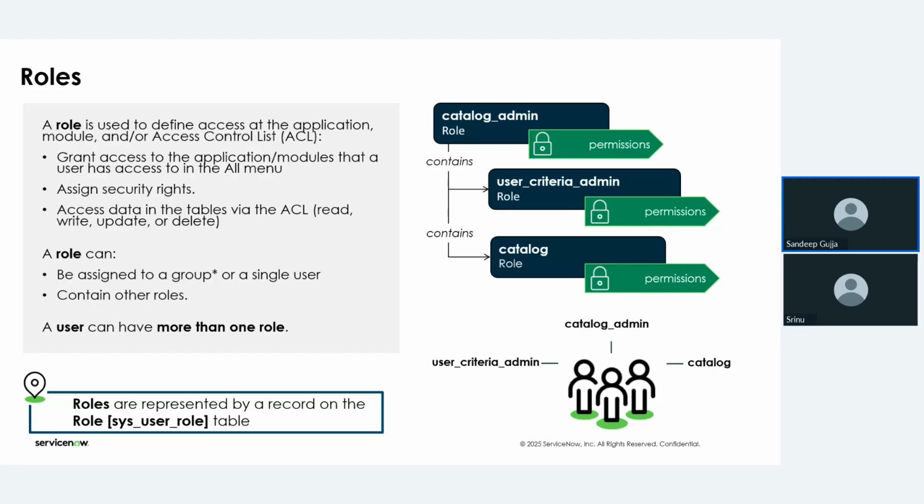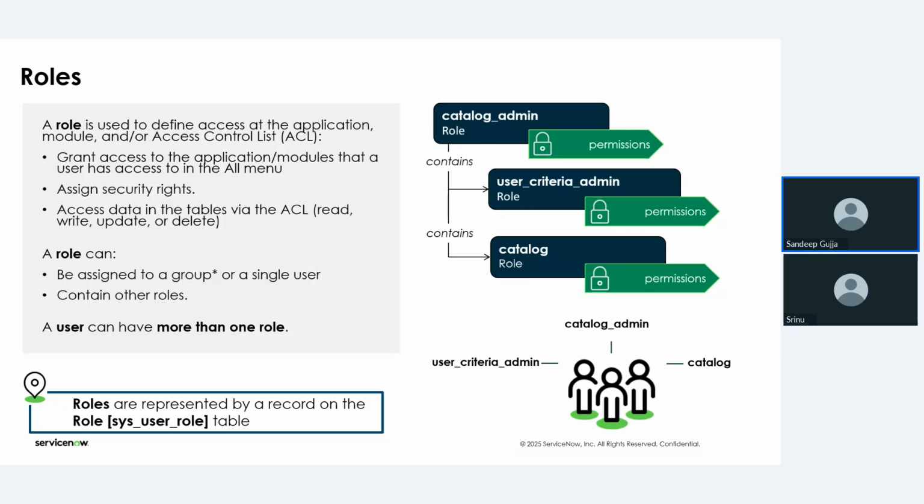Okay. If you see the picture on the right side, the first role is catalog_admin. That is one role, guys, and that role has some permissions. But if you see, catalog_admin contains two more roles, which are user_criteria_admin and catalog.